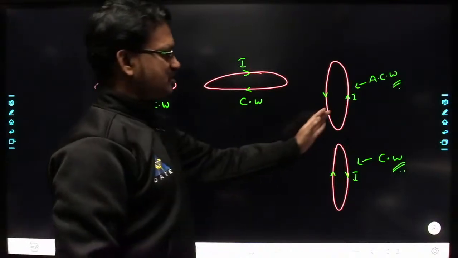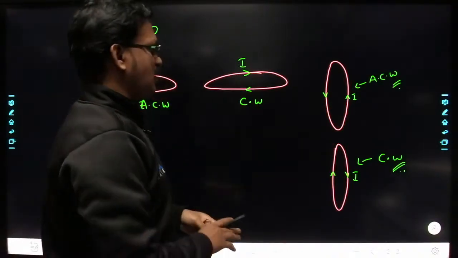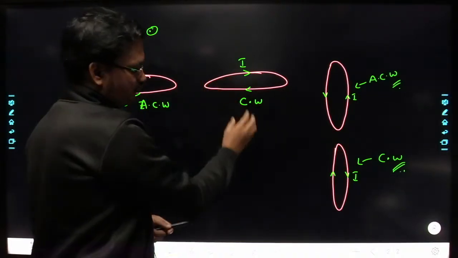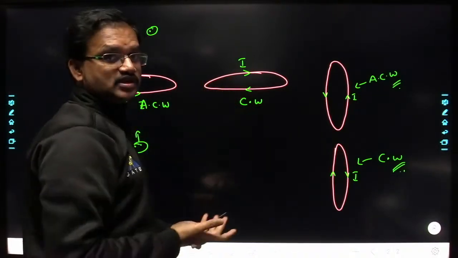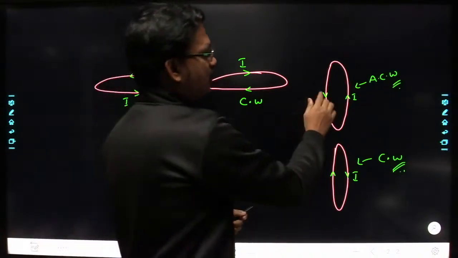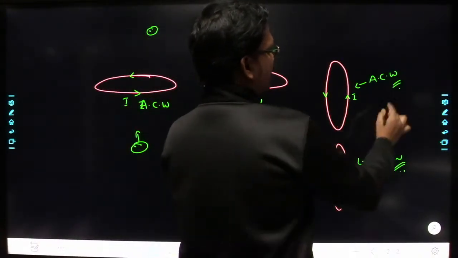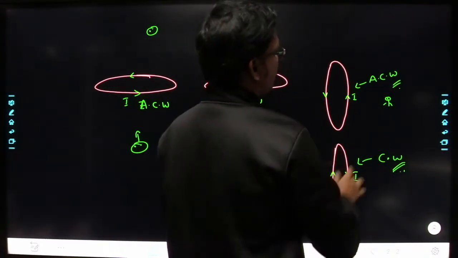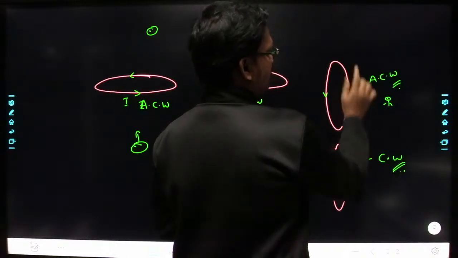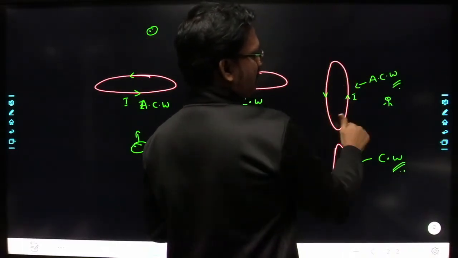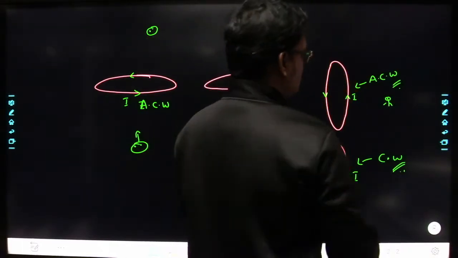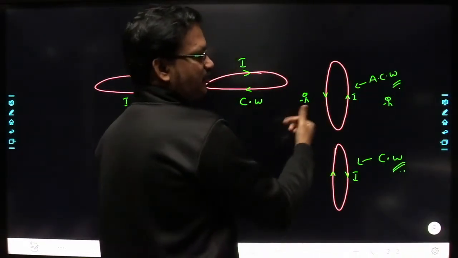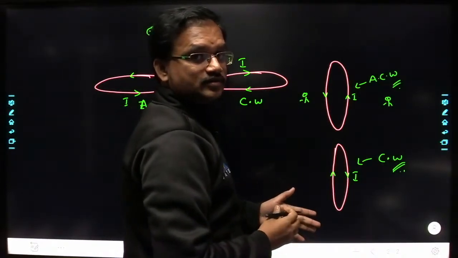The same is the case here. If you view from top, it appears as clockwise. If you view the same thing from bottom, it appears anti-clockwise. If you view this loop from the right side, it appears to be anti-clockwise.